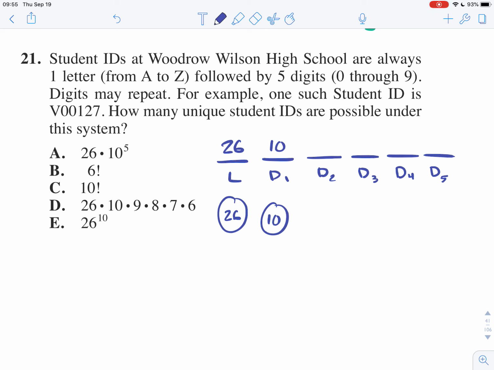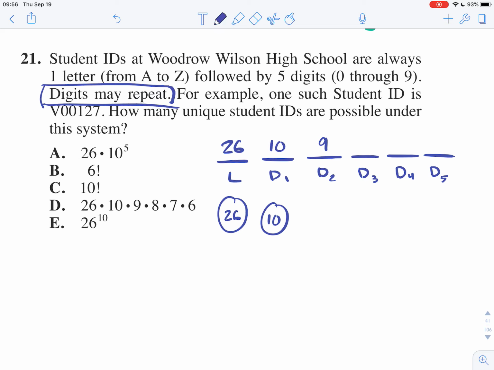Now, if the digits couldn't repeat, then for my next choice I would only have 9 options. But they give us the statement that the digits may repeat. Since the digits may repeat, our values are not going to be reducing each time.